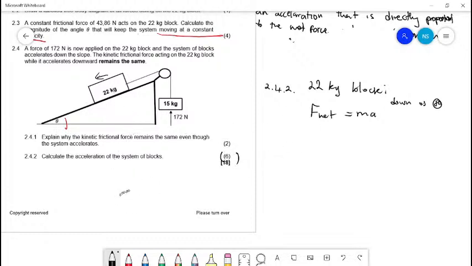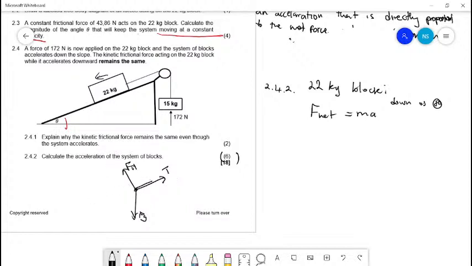So if I can draw the free body diagram of this, it will be like this. I have my FG, my normal force, and my tension, right? And just because this thing, guys, is going down the slope, this means that the direction of friction also changes. So the friction is no longer acting downwards, it's acting what?